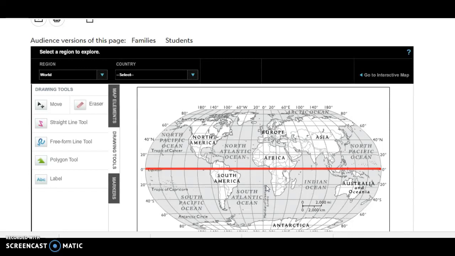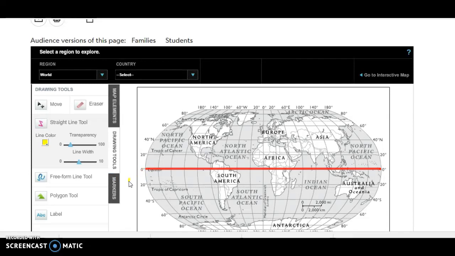Hemi, H-E-M-I, is a piece of the word hemispheres, and hemi is a word root meaning half of a sphere. So we have the northern half, and that's all the area above the equator, and the southern half, which is the area below the equator. So we have a northern hemisphere and a southern hemisphere.